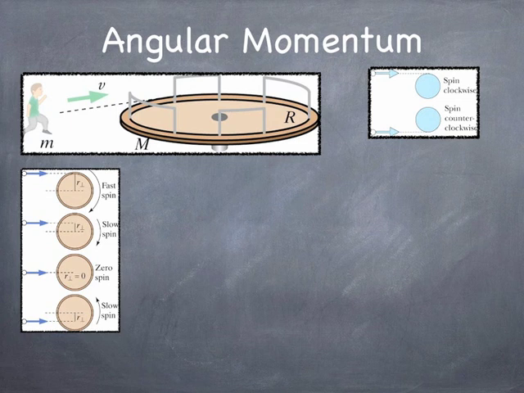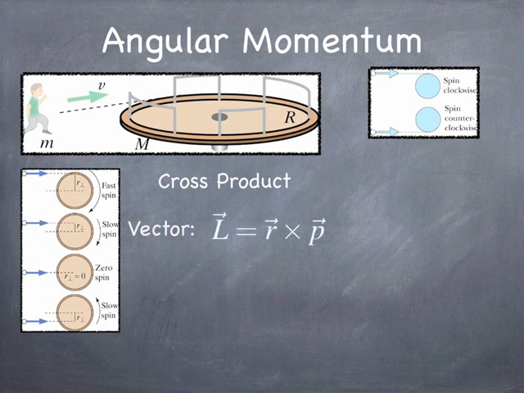Now, the way we're going to define angular momentum, it's actually a vector quantity. But it's a little bit different kind of vector than we've dealt with in the past. In order to understand the vector nature, we've got to develop a concept called a cross product. And the cross product of the boy's r vector and his momentum vector is going to be called the angular momentum vector.